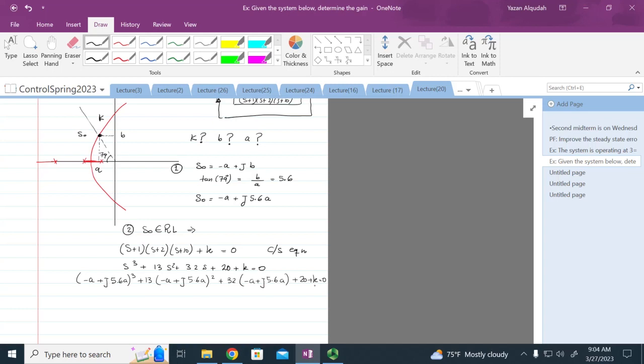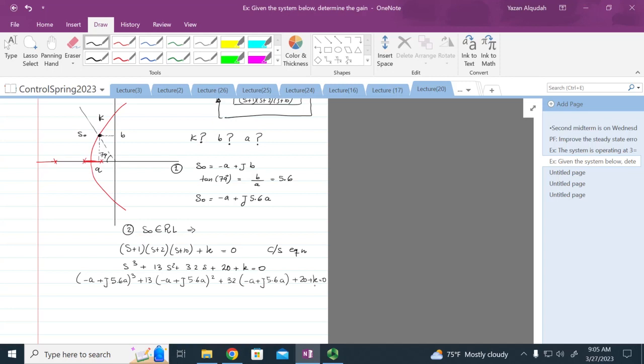It has real part and imaginary part, isn't it? The real part must equal to a 0 and the imaginary part must equal to a 0. See it? It has imaginary part. If this is equal to 0, the real part must equal to a 0 and the imaginary part must equal to a 0.